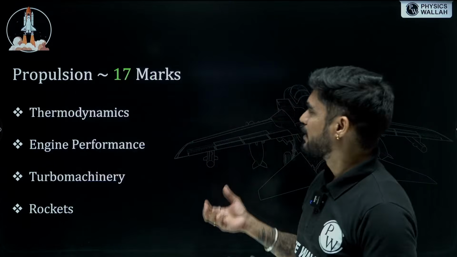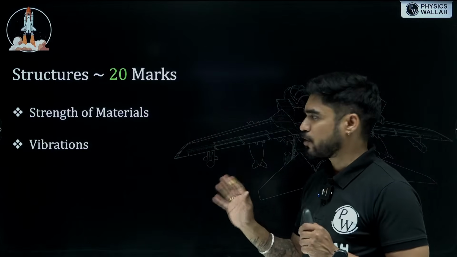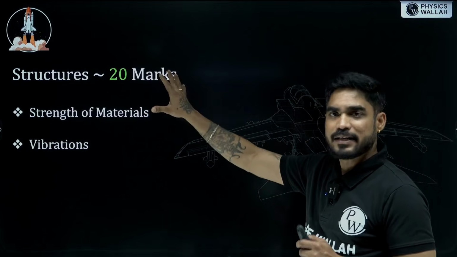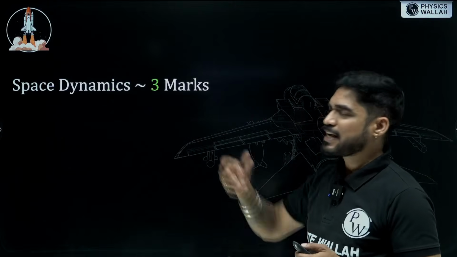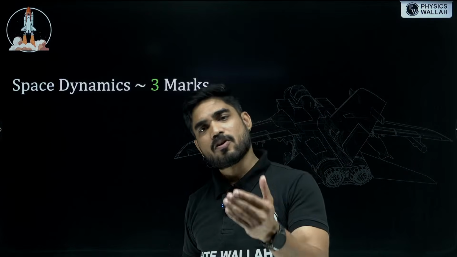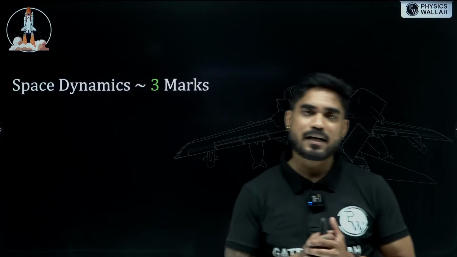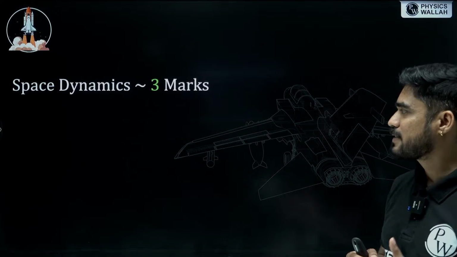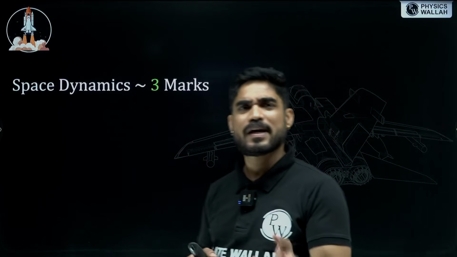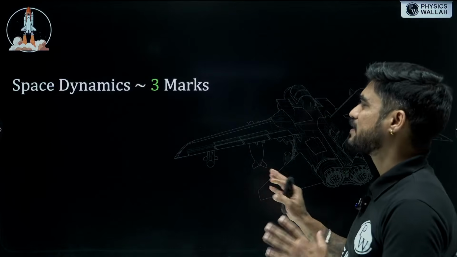For example, structures will take at least 1 month to prepare entirely, but space dynamics will hardly take 2 to 3 days. So almost 1/10 of the time. It is a very low weighted subject, but very easy to prepare. Only 2-3 important topics are there, so do not leave this entirely.